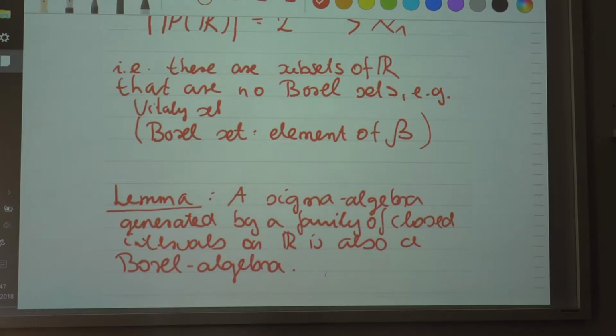This follows directly from the property of closure under complementation of the Borel algebra. Since the Borel algebra is closed under complementation, closed intervals must also be in there, so this Borel algebra can be generated by closed intervals as well. That is what the statement is about, and it is due to the closure under complementation of the Borel sigma-algebra.